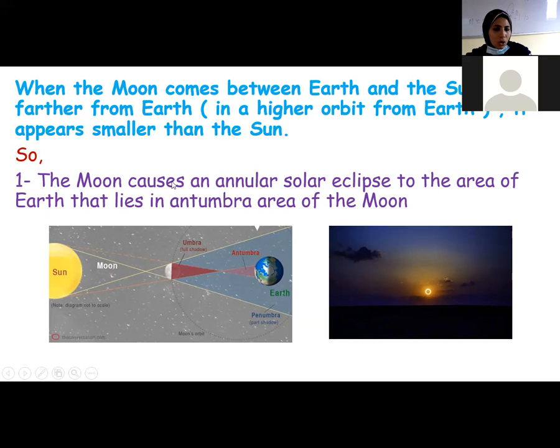So the moon causes an annular solar eclipse in the antumbra shadow. The sunlight looks like this picture. It looks like a lightened ring. So this is called the annular solar eclipse.